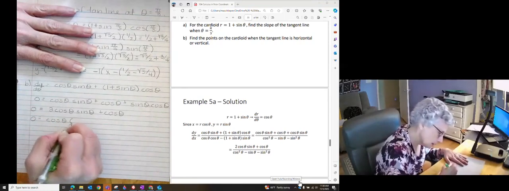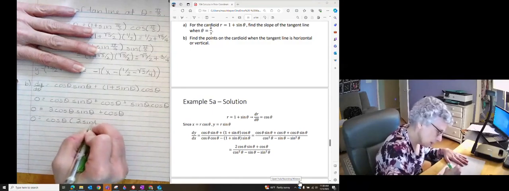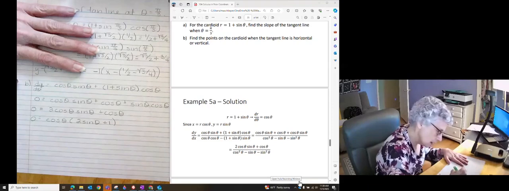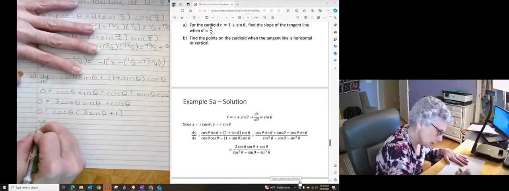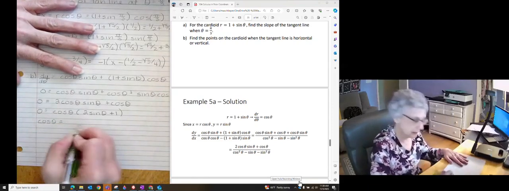And since I'm setting this equal to 0, let's factor out a cosine of theta. I have 2 sine theta plus 1.